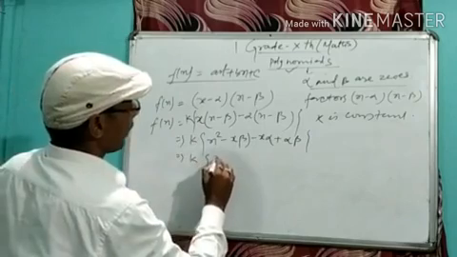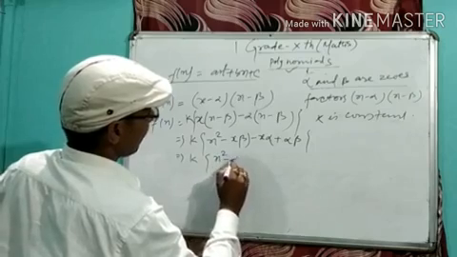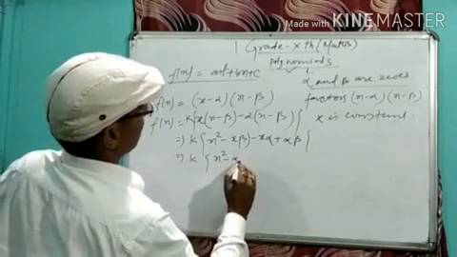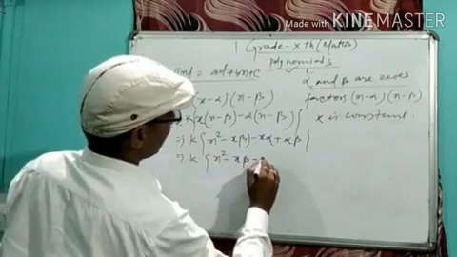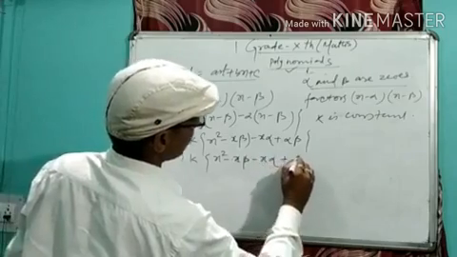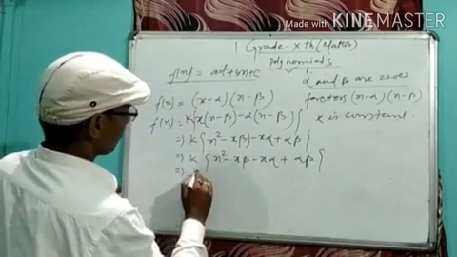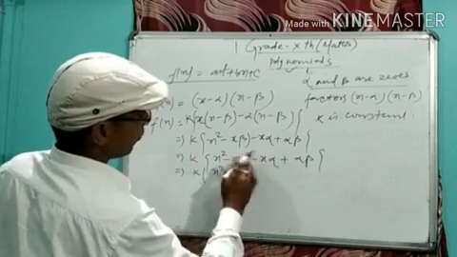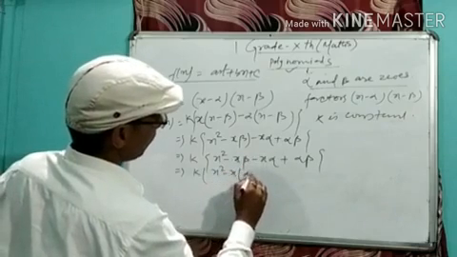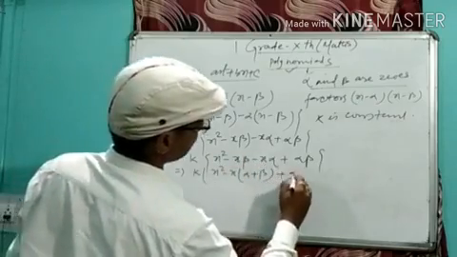Okay, x square minus x beta minus x alpha plus alpha beta. By separation, here x square, take x common, alpha plus beta.